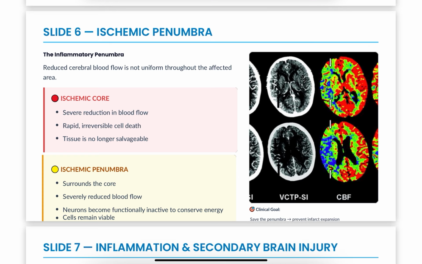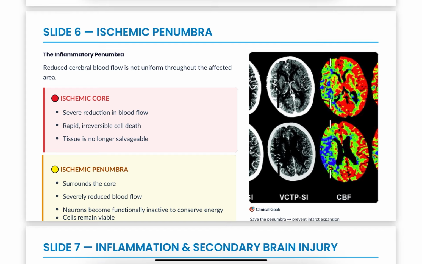So the penumbra is salvageable tissue, still able to be recovered. This is why the penumbra is the most important. Our goal in treatment is to preserve this viable tissue and prevent the infarction from expanding into it.